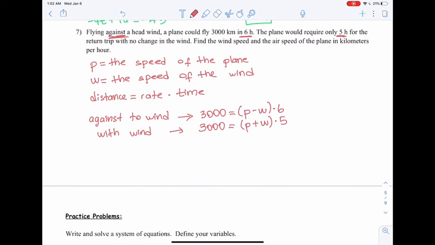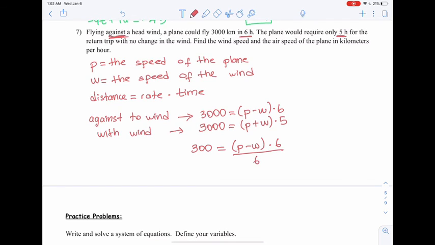At this step, I would like to write the equations in the simplest form possible. So if I divide both sides of the first equation by 6, I can just isolate P minus W. For the second equation, if I divide both sides by 5, I can also isolate P plus W. So let's rewrite the first equation. 3,000 is equal to P minus W times 6.